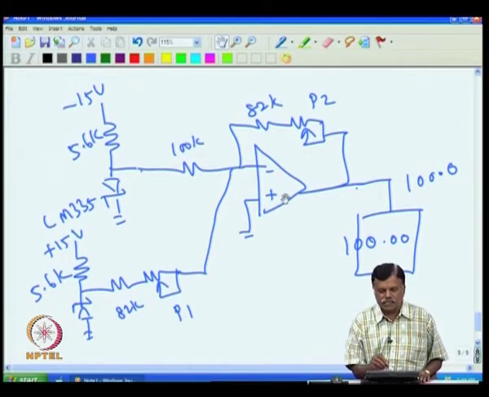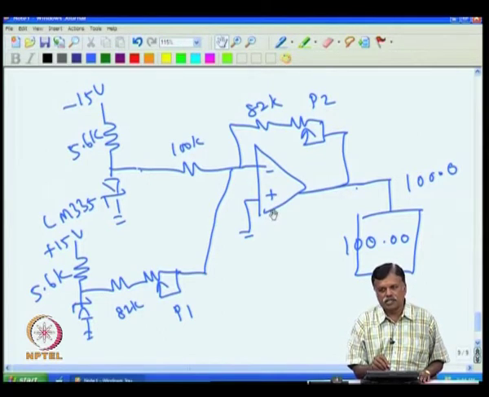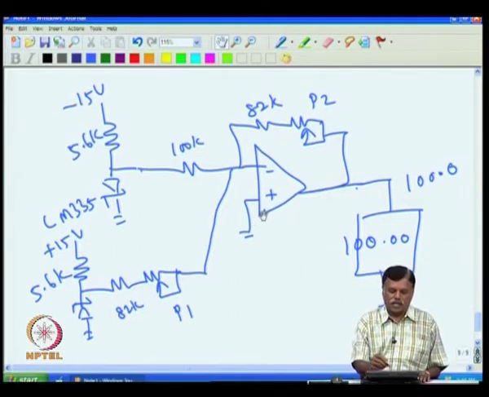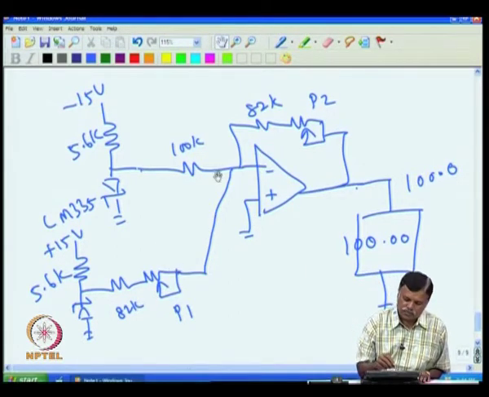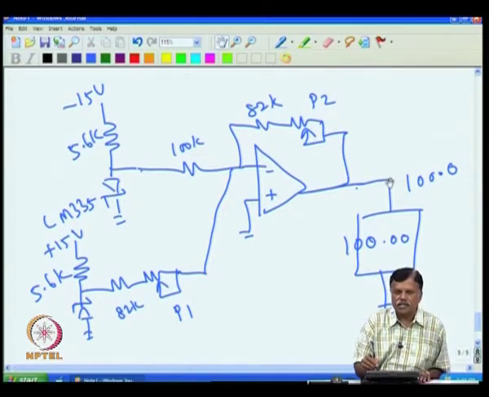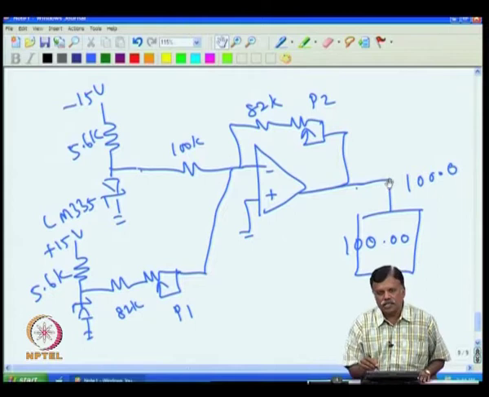And that is the error budgeting, because error budgeting is very important in analog circuits. Just designing this circuit is not much use, because if these components drift quite a lot, and at 100 degree C the instrument reads 120 instead of 100, then you have a 20 degree error, and that will ruin the entire design.